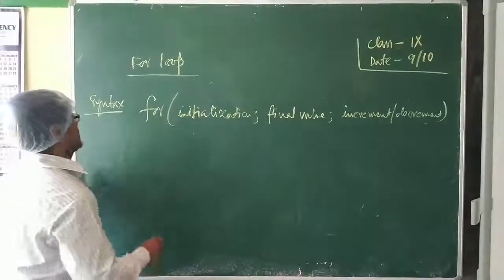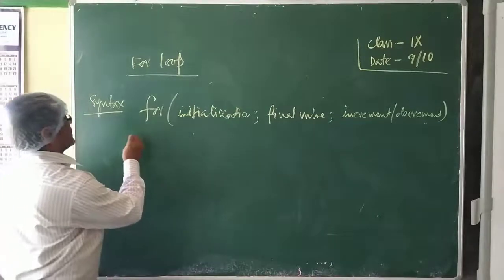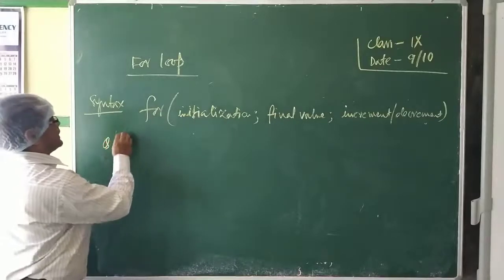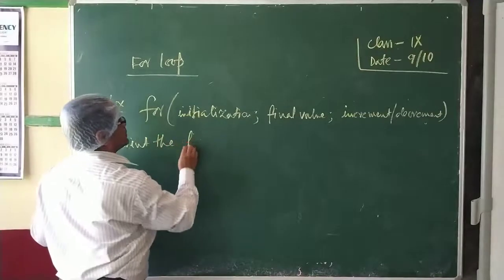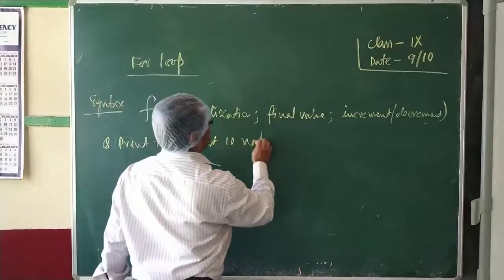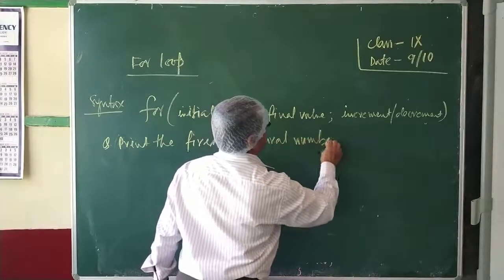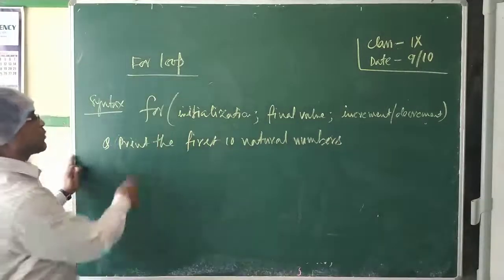Now we will see here, this I am writing it here. Say one question I am writing: print the first 10 natural numbers. Now for that I am writing one small program with the for loop.